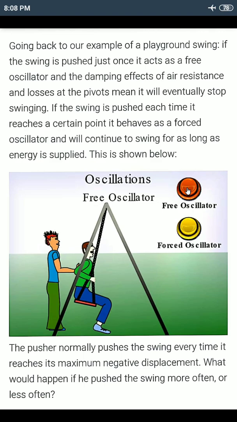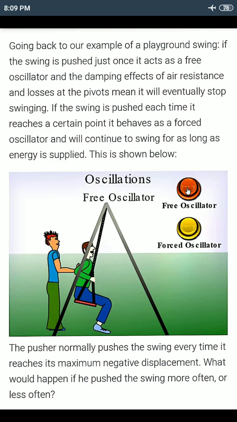If the swing is pushed each time it reaches a certain point, it behaves as a forced oscillator. That means it is a free oscillator when he pushes once, but if he pushes repeatedly, it behaves like a forced oscillator and will continue to swing as long as energy is supplied.